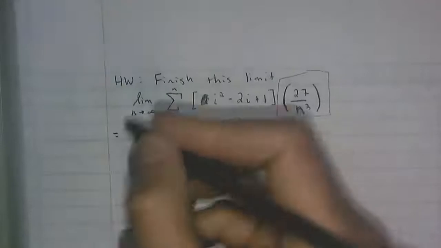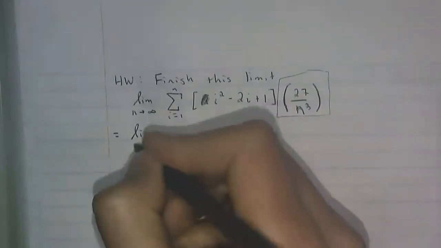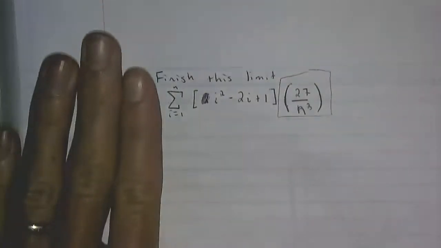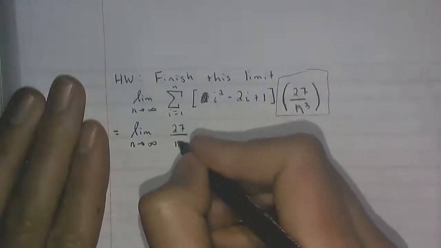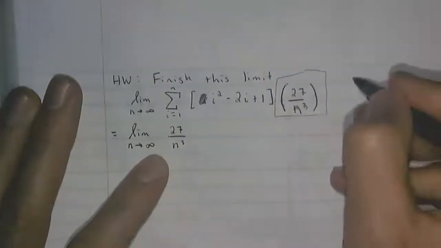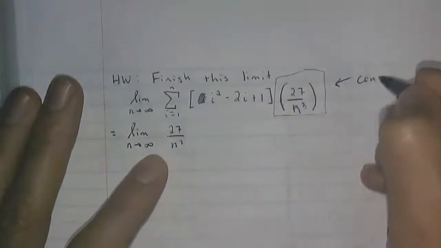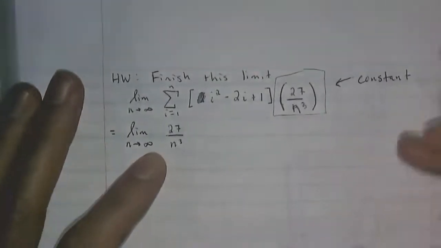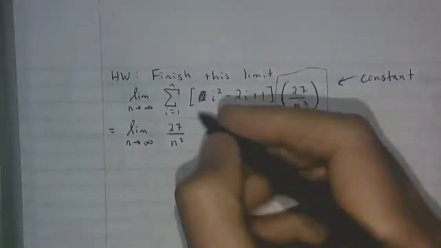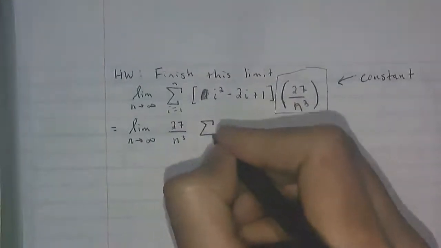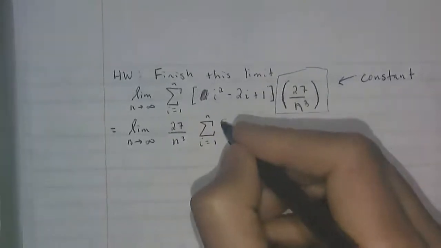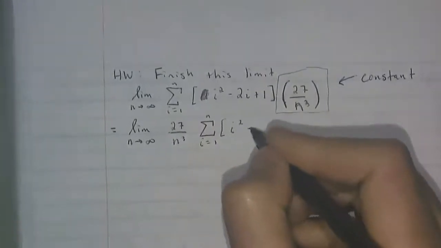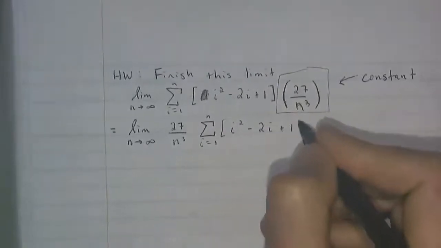We're going to write this as the limit as n approaches infinity, which we still are kind of ignoring here, times 27 over n cubed, because this is just a constant, times the sum from 1 to n of i squared minus 2i plus 1.